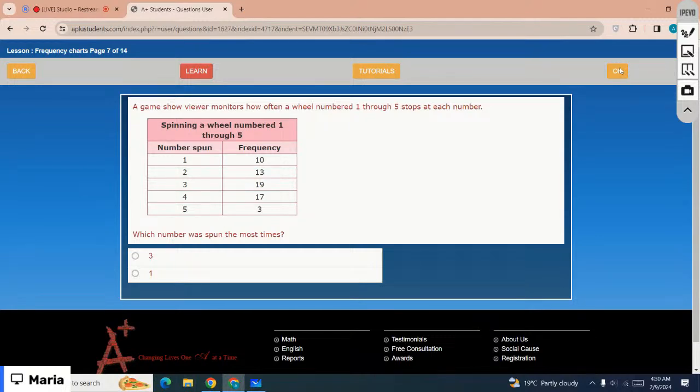Which number was spun the most times? Yes, that is 3, because the frequency for 3 is 19, so that is 3.